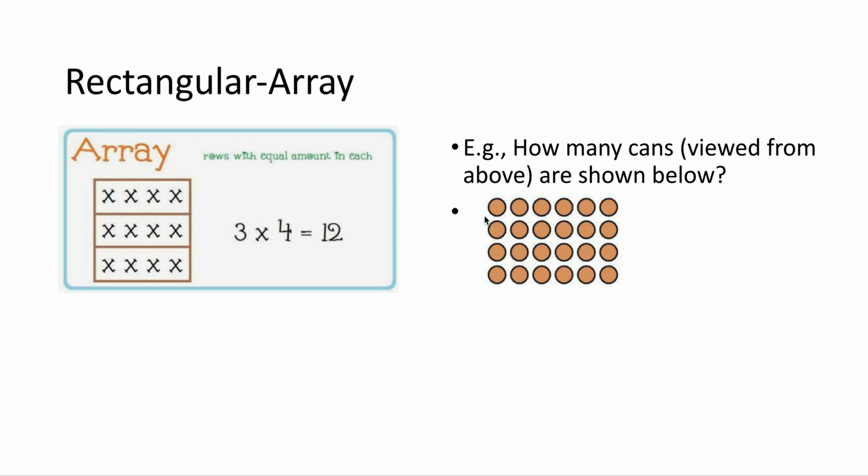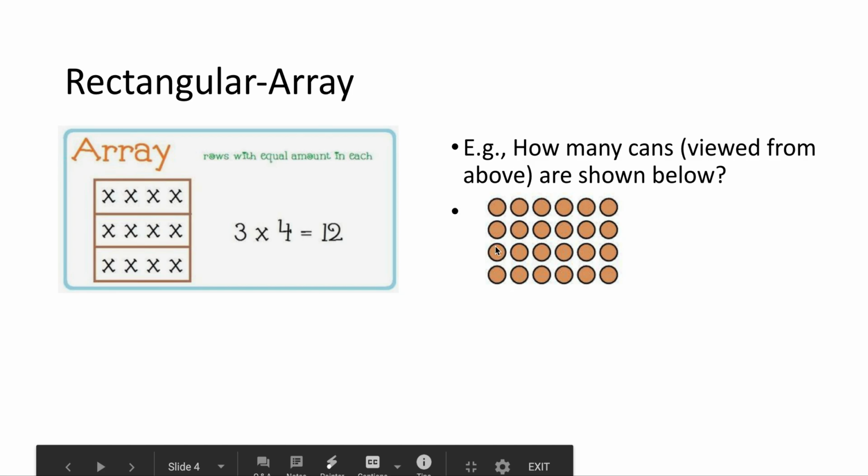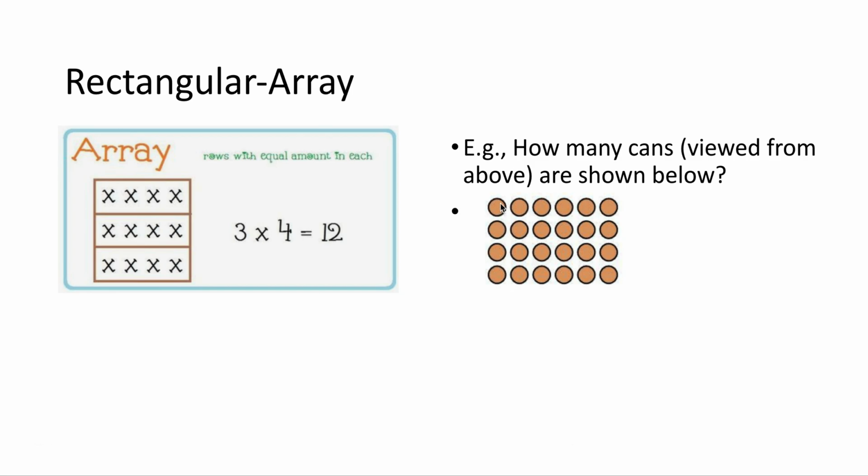Or they can count them as columns, because they are well arranged in an array. You can group them easily, right? So we can see 1, 2, 3, 4, 5, 6 columns, and in each column there are 4 items, 4 cans. So they can do 6 times 4.